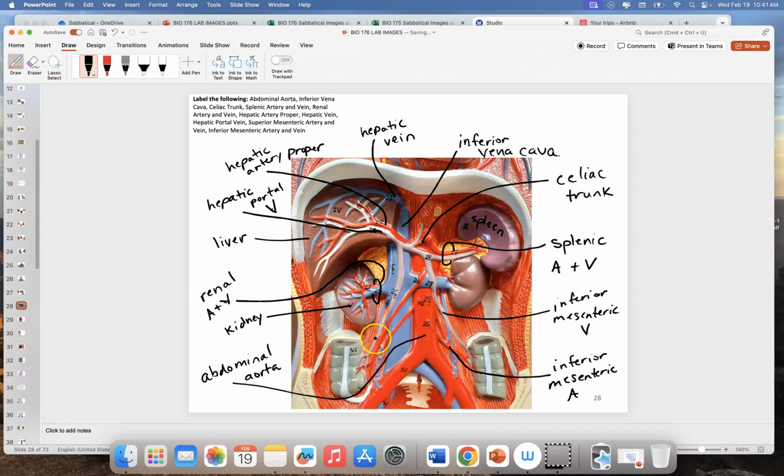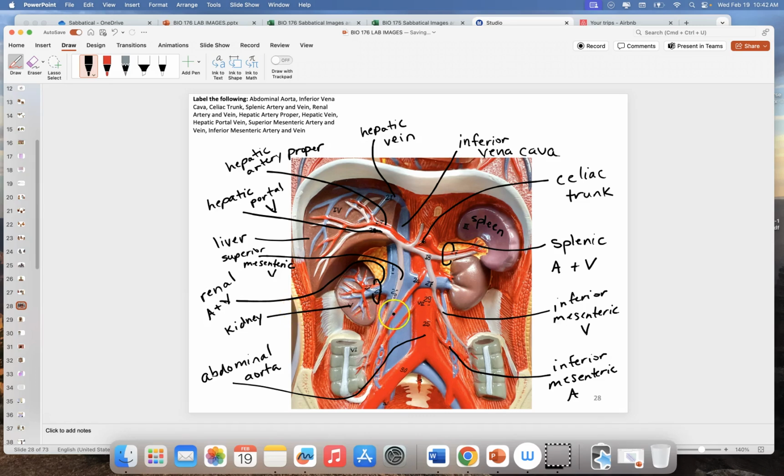And then on this side here, we can see the superior. Let me find some room here. I'll go ahead and put this one up here. So this is going to be our superior mesenteric vein.